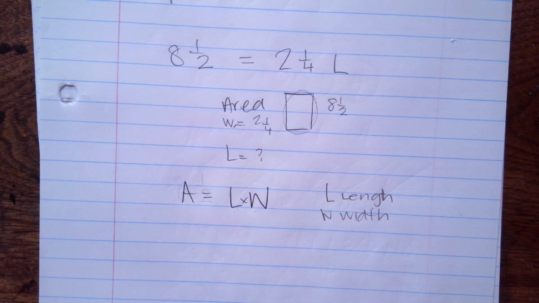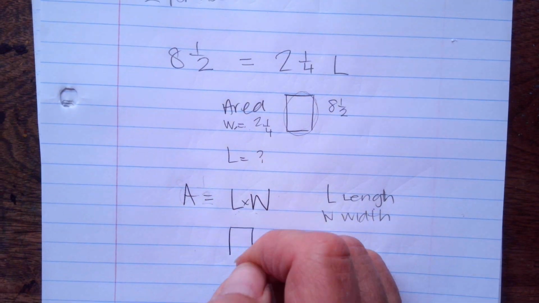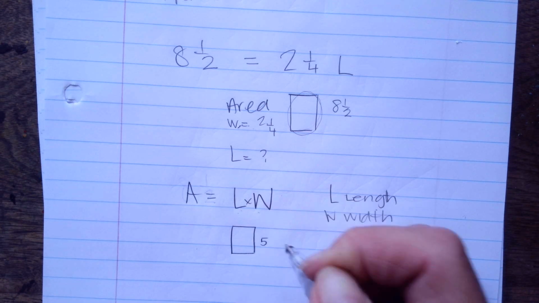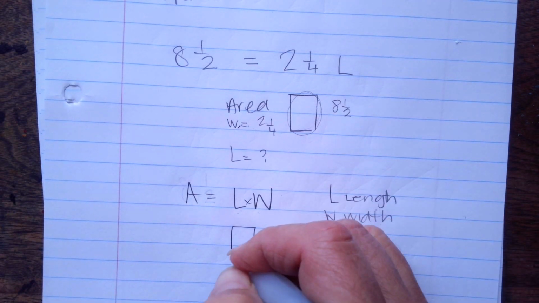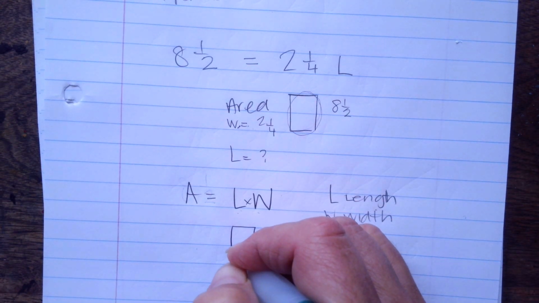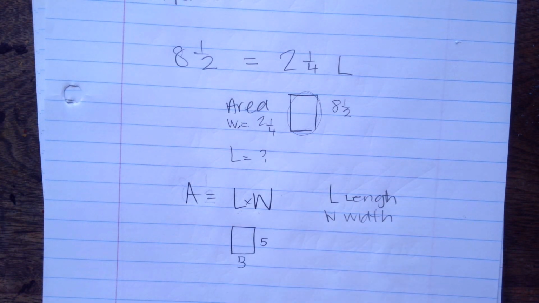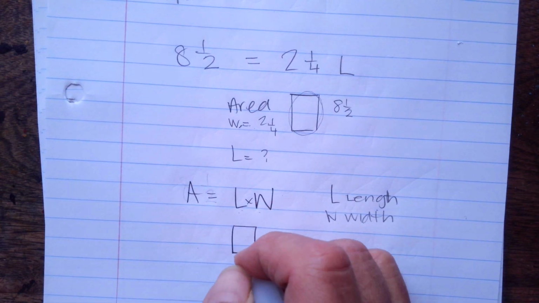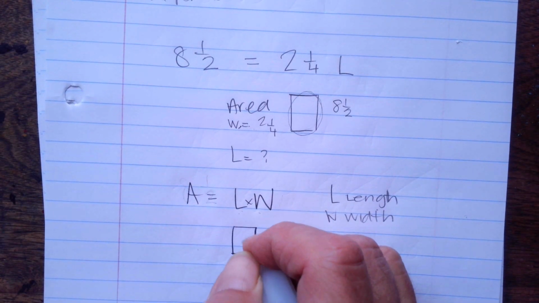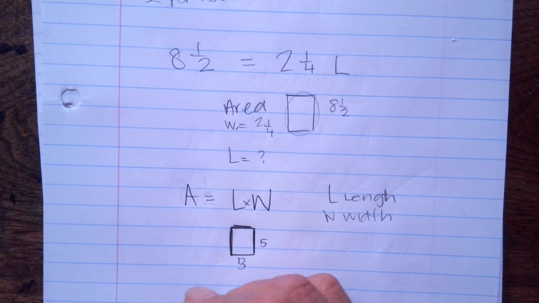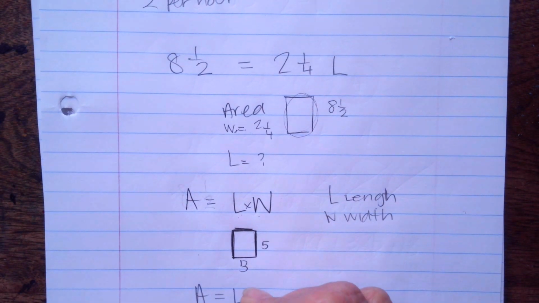So for example, if I had something like this and I said that this part was 5 and this part was 3, right? This is the length and this is the width or the height. So it's length times width.